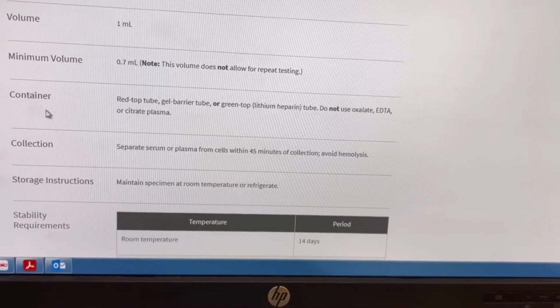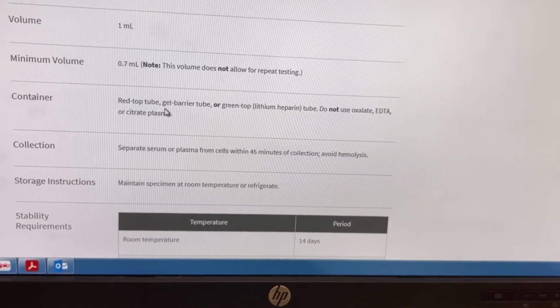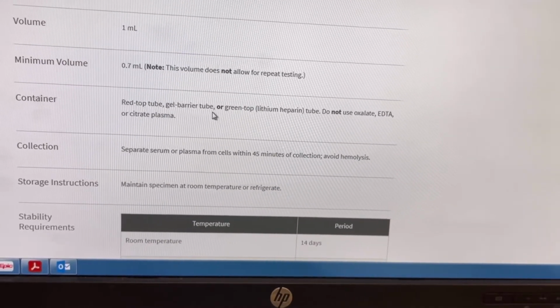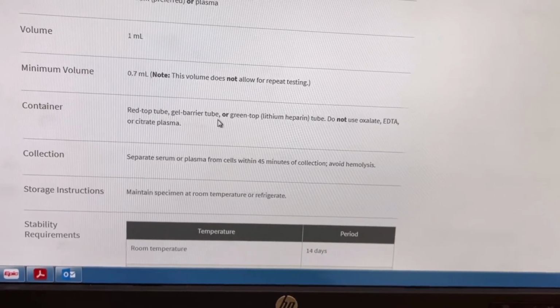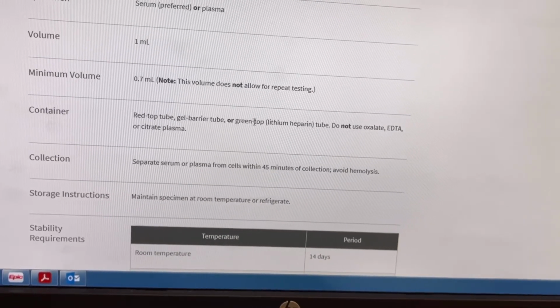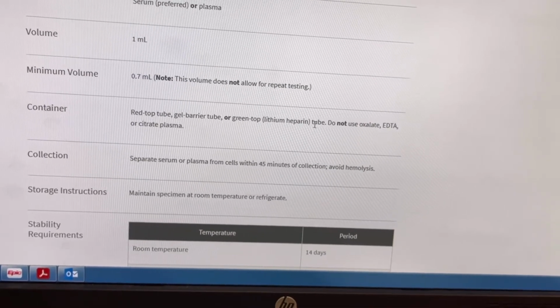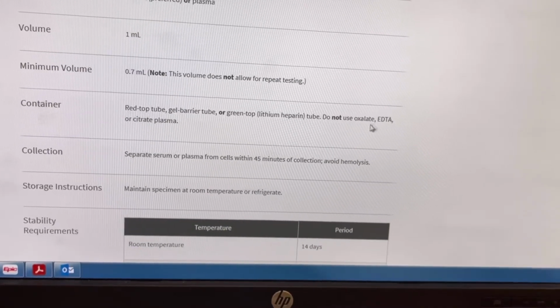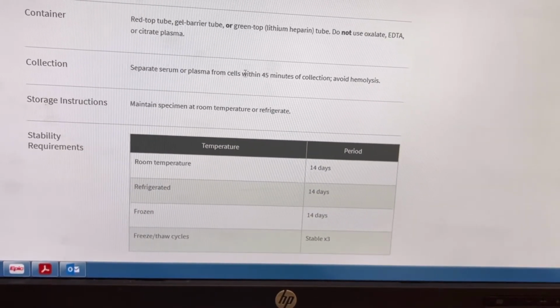Okay, and here is where you're gonna see what they need. They can either use a red top tube, a gel barrier tube, or the gel separator tube, the green top, the mint top, because it has lithium and heparin in it. And it tells you what not to use here. It also tells you how to collect it right here.